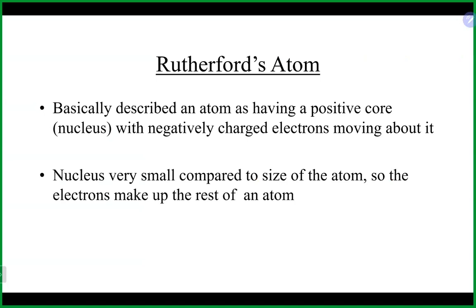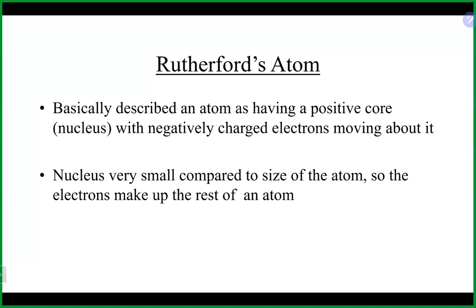So a reminder that Rutherford's atom basically described the atom as having a small, dense positive core where we have protons and later found to have neutrons. Remember that most of the atom is empty space, and it's within that empty space that the electrons are traveling. And as we'll talk more about in this chapter, and as we touched upon earlier, electrons do not travel in pretty circles.